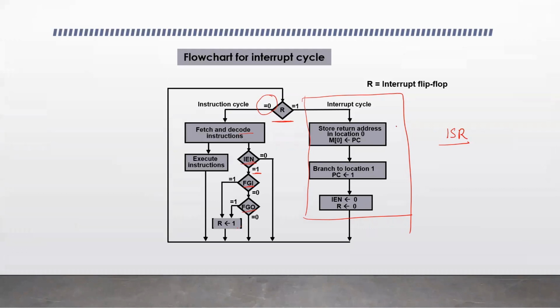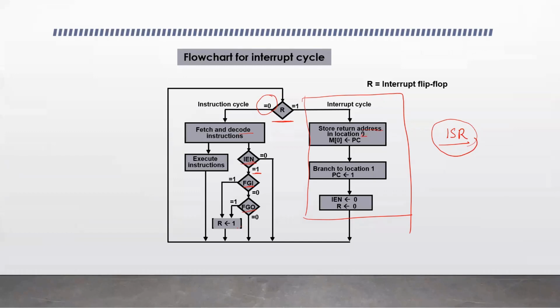After performing this, the control has to return back to the actual program it was doing. So the return address needs to be known, and the return address is stored in memory location 0.